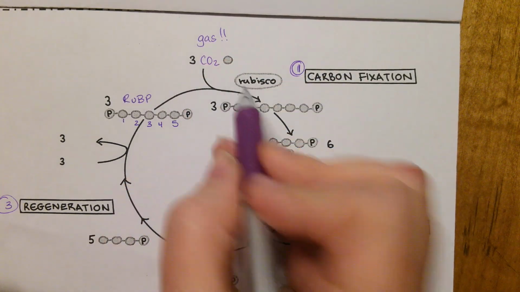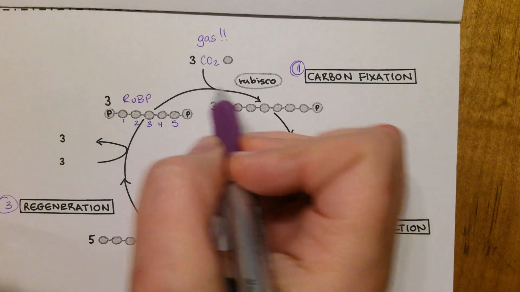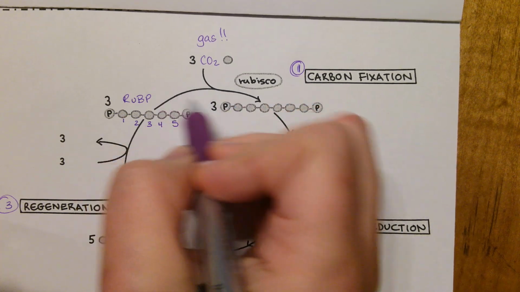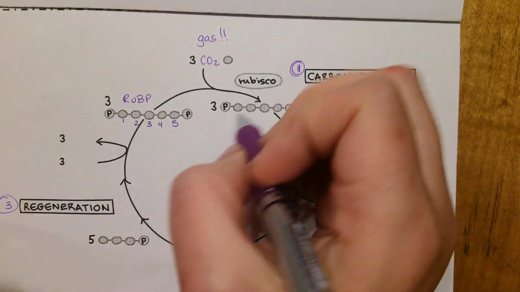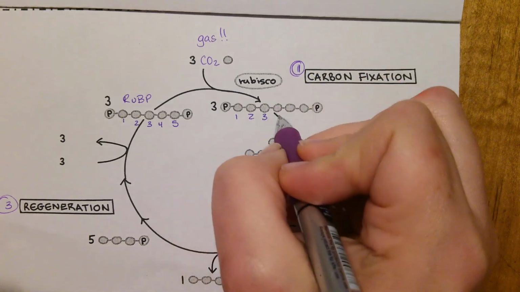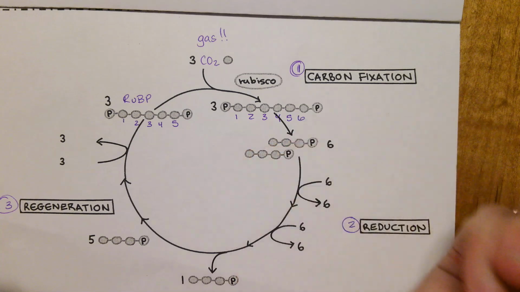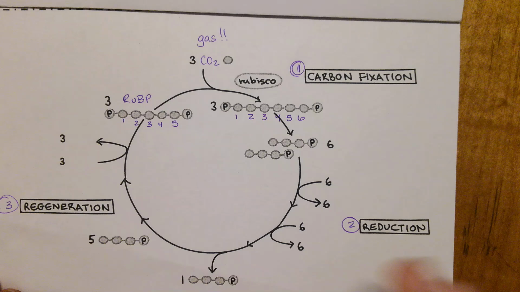So Rubisco, really should be over here, huh? Rubisco is going to take these 2 guys together and combine them to make this 1, 2, 3, 4, 5, 6 carbon guy. Okay, let's do a little carbon math real quick.